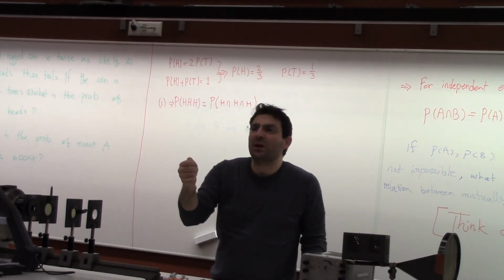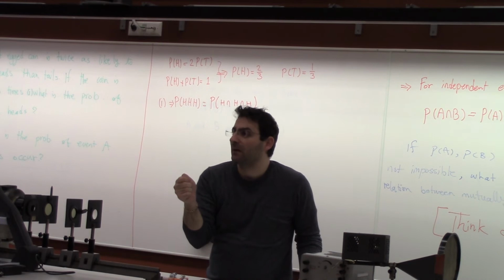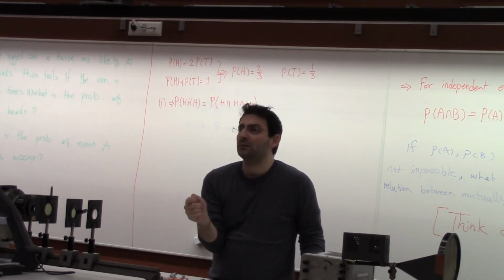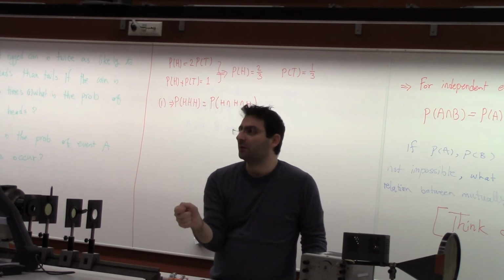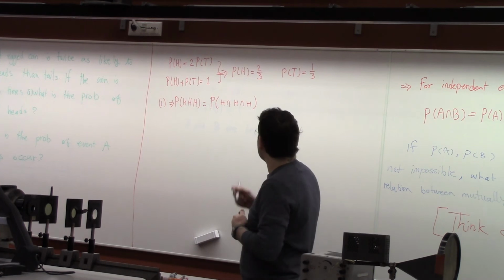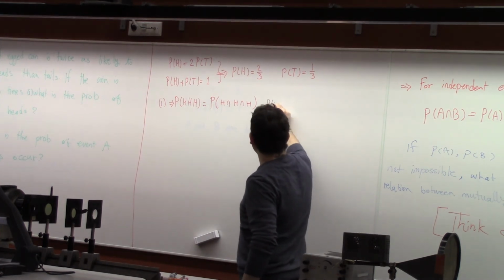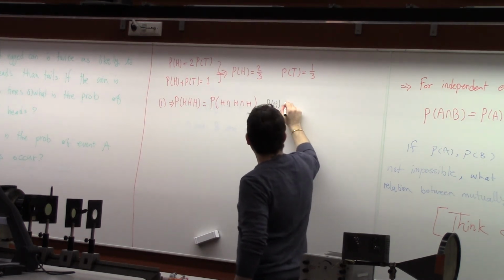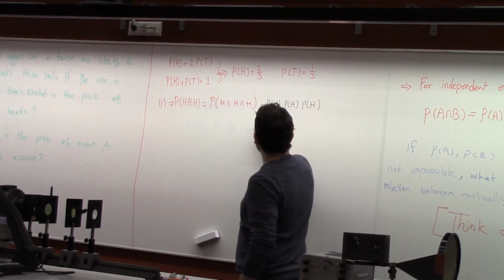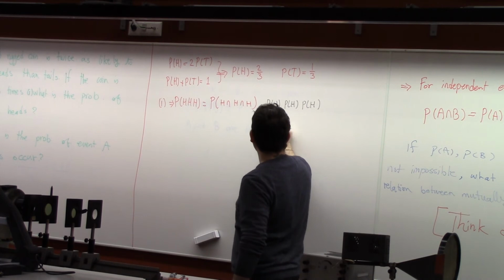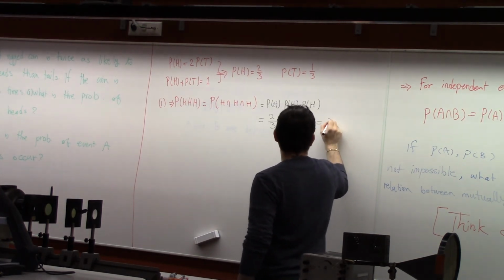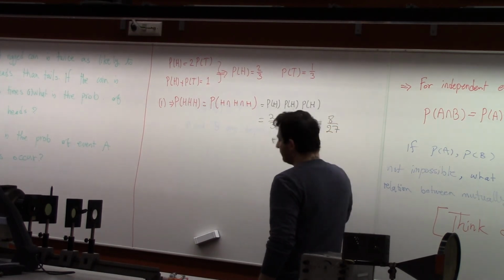If the first one is head, will it affect the second one to be head? What about the third one? No. So it means they are independent. So this is equal to probability of head multiplied by probability of head multiplied by probability of head, which is 2 over 3 multiplied by 2 over 3 multiplied by 2 over 3, which is 8 over 27.